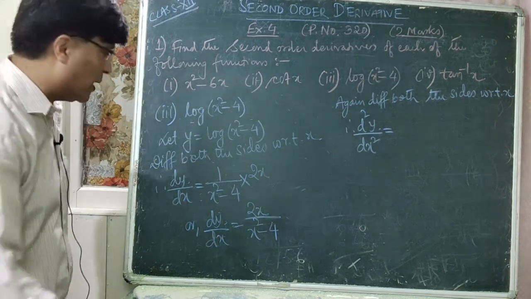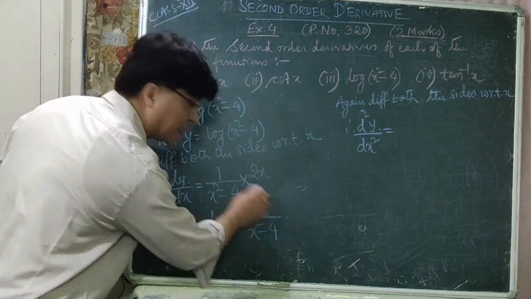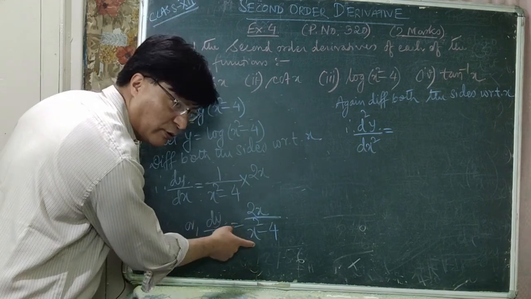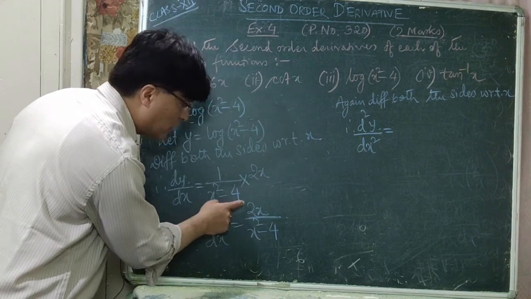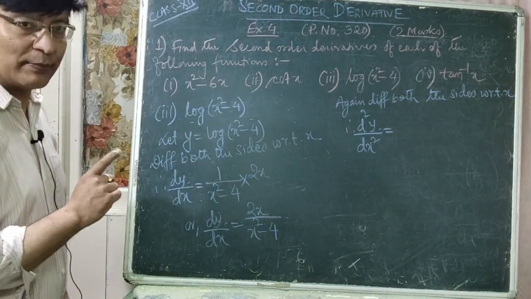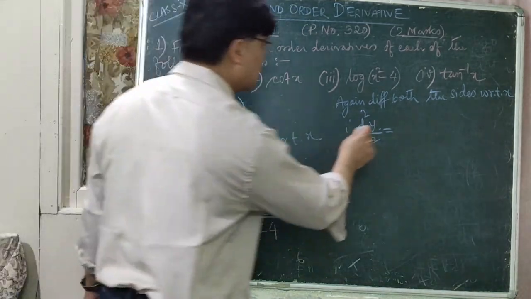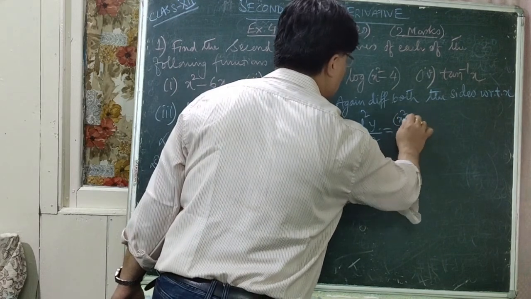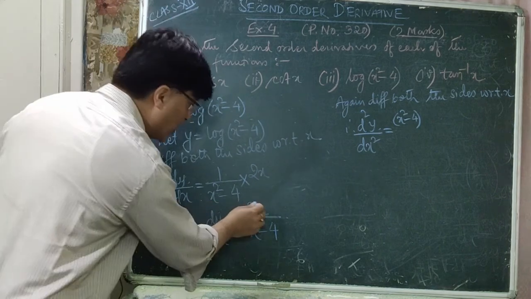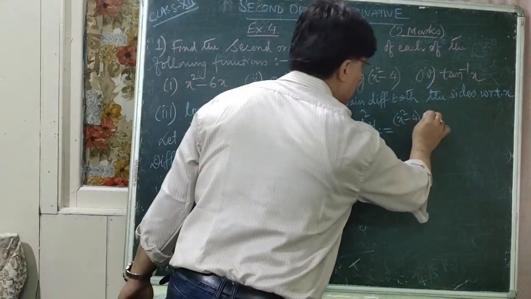It is also read as d2y by dx square. Now again you have to differentiate the right hand side. You know how to differentiate this fraction, u by v rule, both are variables here. You can use u by v rule to differentiate it. Now the denominator is kept as it is, what is the denominator here? x square minus 4. Now differentiate the numerator. What is the differentiation of 2x? It is only 2.